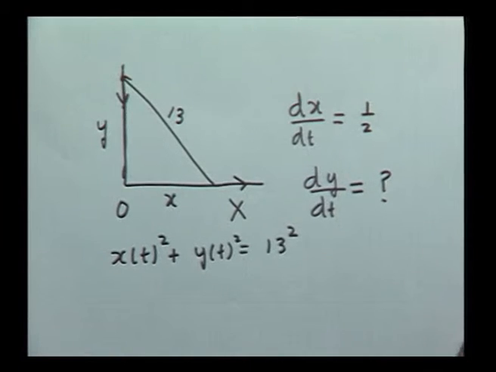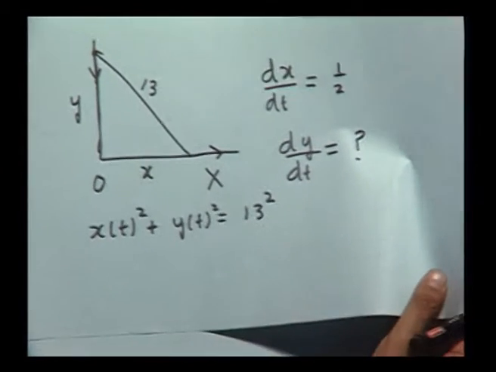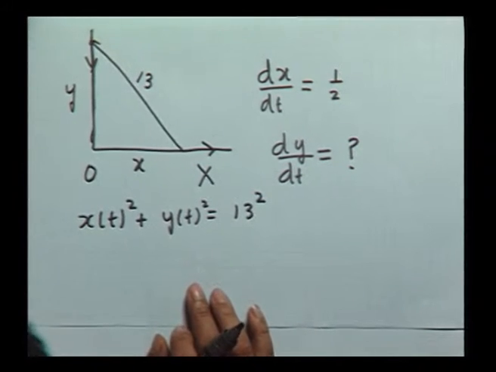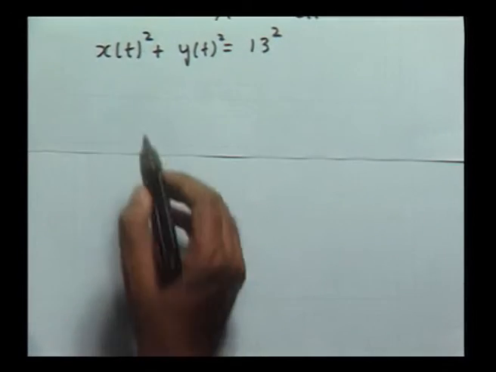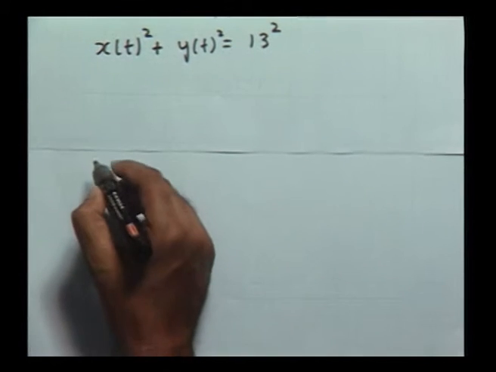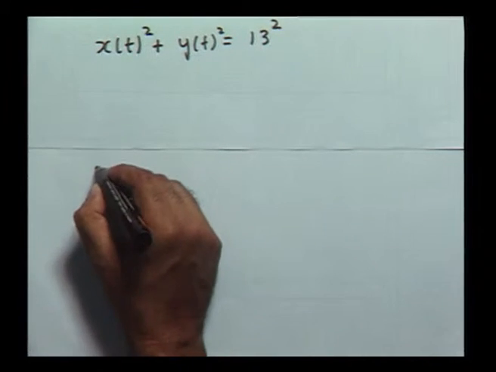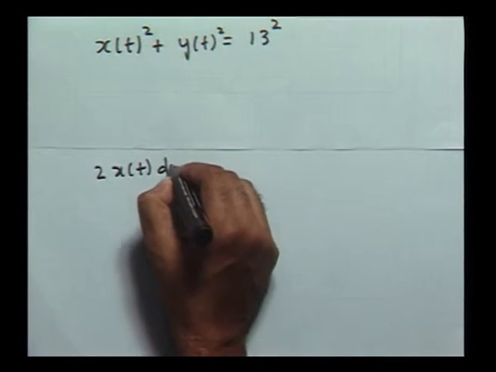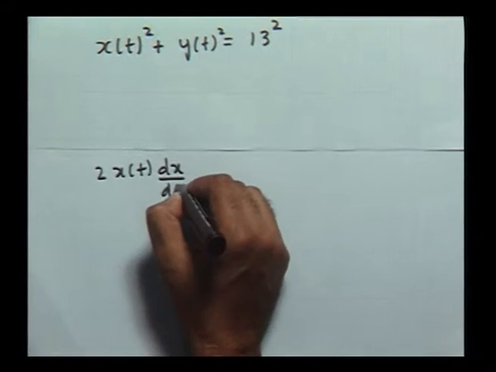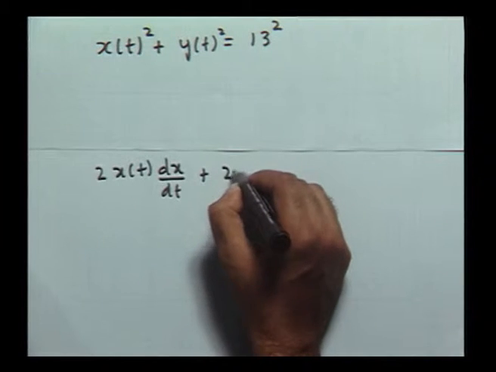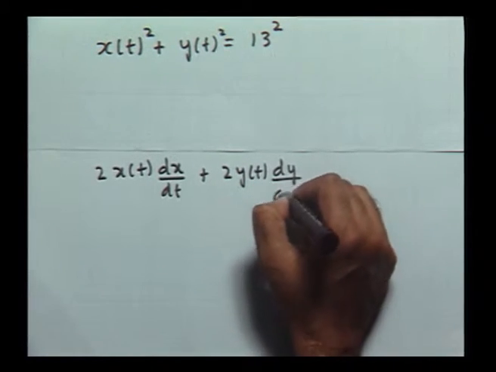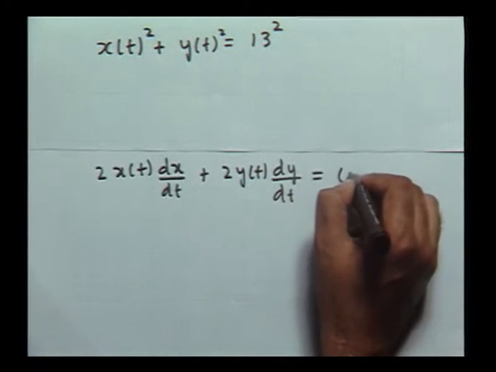Well, how do we do that? Let us just take a look at this expression and differentiate this with respect to t. When I do that, this is what I get. I am going to differentiate this with respect to t. So, I am going to get 2 x(t) dx by dt plus 2 y(t) dy by dt is equal to 0.